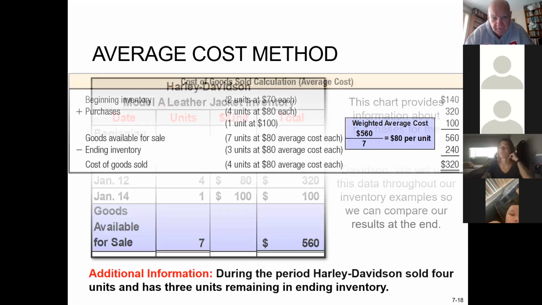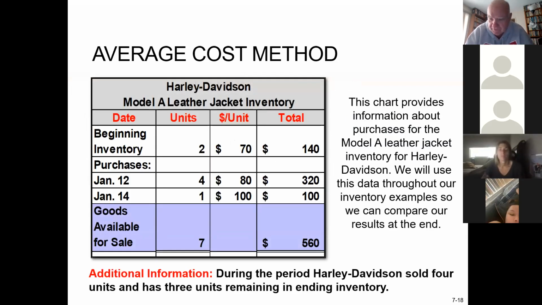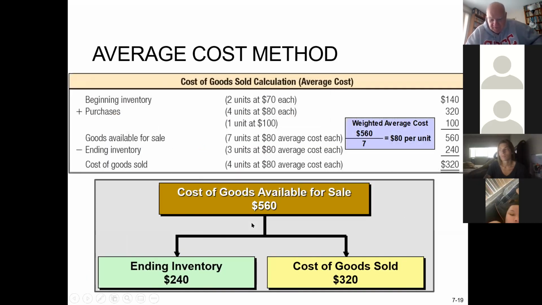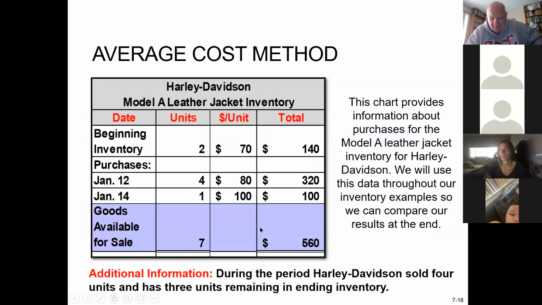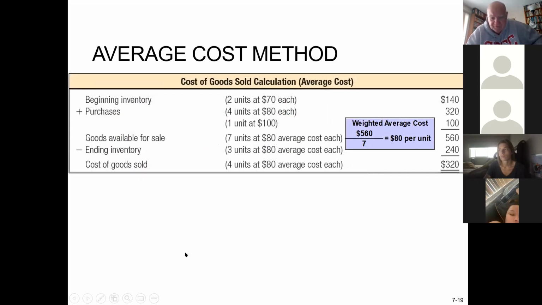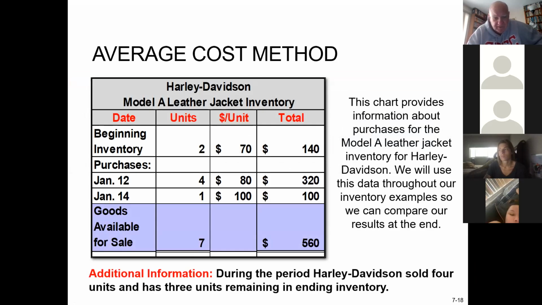Let me go back up here to show you a mistake students frequently make. And it annoys me because I always warn them about it, but it's pretty easy to fall into. The average cost is this horizontal line, right? 560 divided by 7. I'm so sorry, guys. I got the happy fingers again.